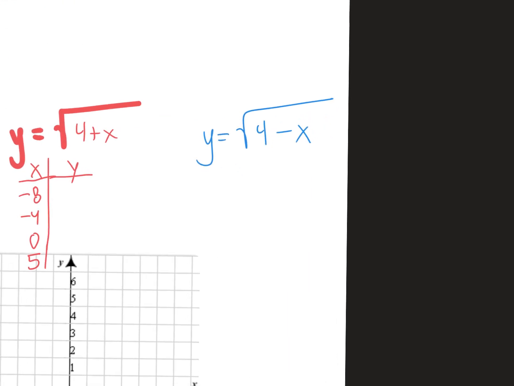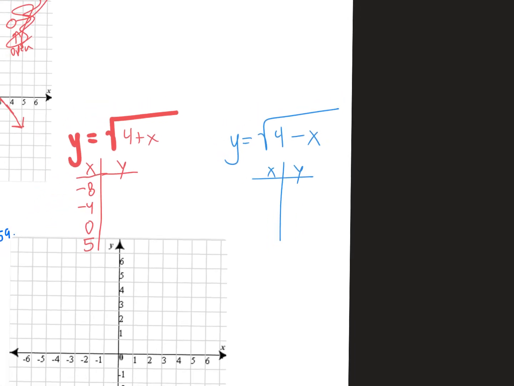And over here, we'll go backwards. 5, 0, -5. That's fine.